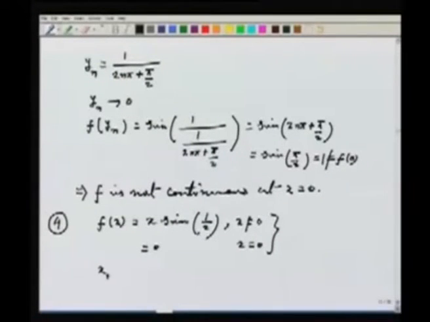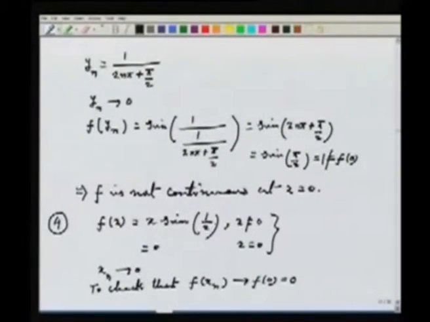So I take a sequence xn which converges to 0. To check that f of xn converges to f of 0, which is 0, I have to show whether this is true or false. If it is true, then f is continuous. If it is not, then f is not continuous.